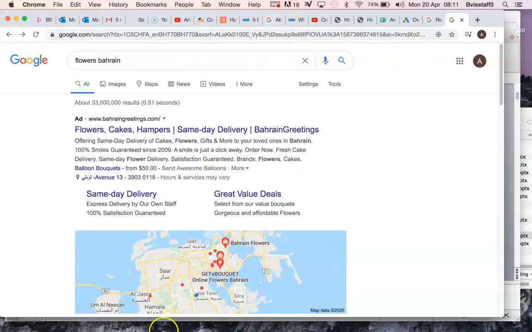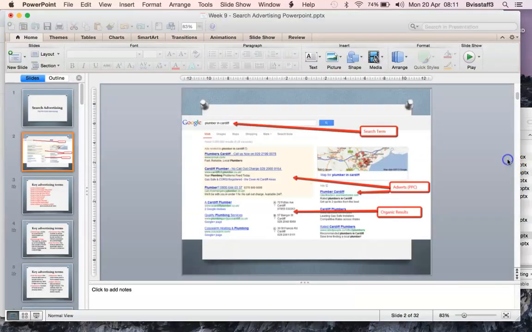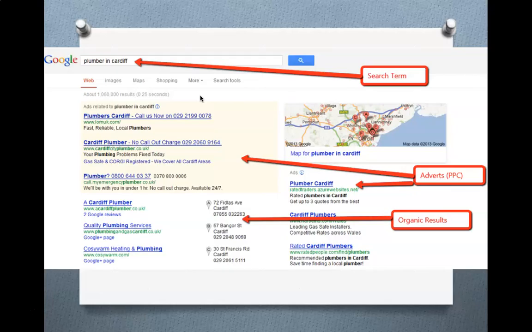Anyhow, let's look at our PowerPoint slide, and that was just to give you an idea of search terms or keywords, key phrases. So flowers in Bahrain was the key phrase, keyword, or key search term. The adverts, we only saw one advert, and the organic results were provided by companies that had good practices within Google tools.